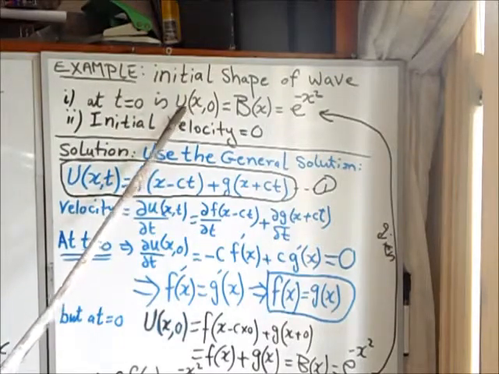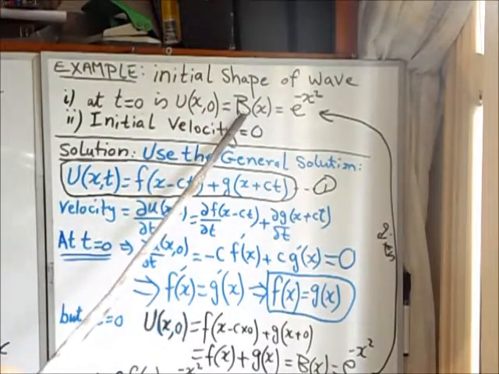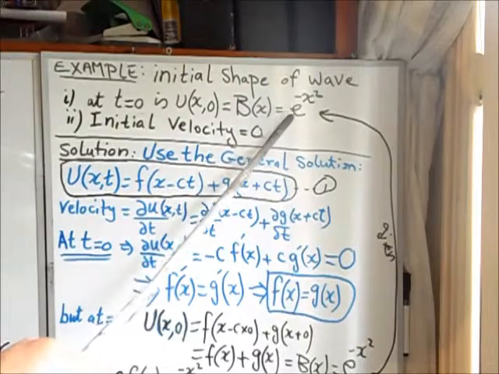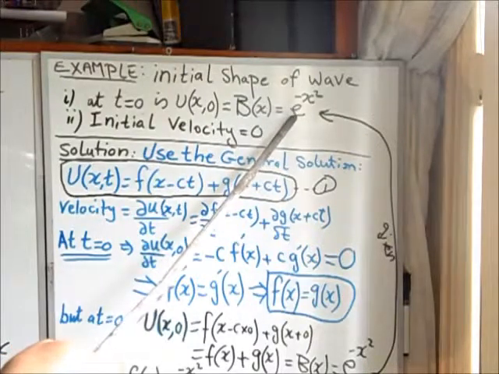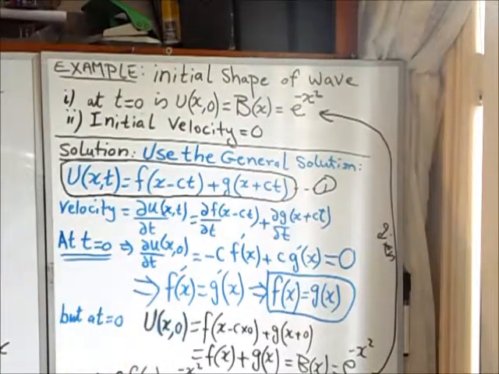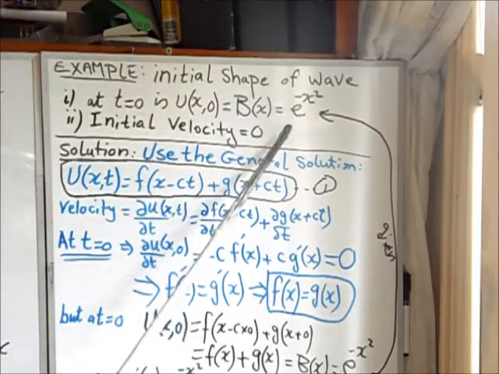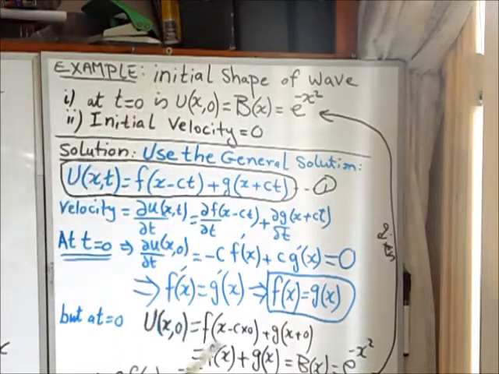Then the displacement u(x,0) is given by a function, we call it b of x. It's given by this expression equals e minus x squared. So this gives the shape. It's like an exponential shape. So this is the shape of the wave equation at time equals 0, the initial one.